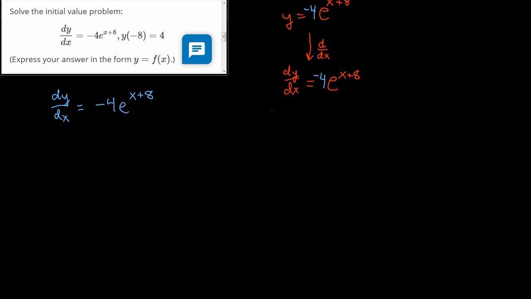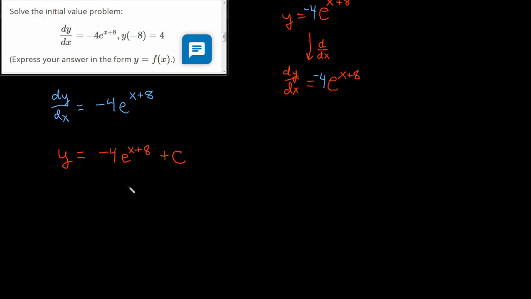Okay, so what did we learn from this? What we learned here is that y should be equal to -4e^(x+8). But not so fast. Remember that whenever we find antiderivatives, we always have to add the plus c. So what we've got right here is the most general antiderivative.